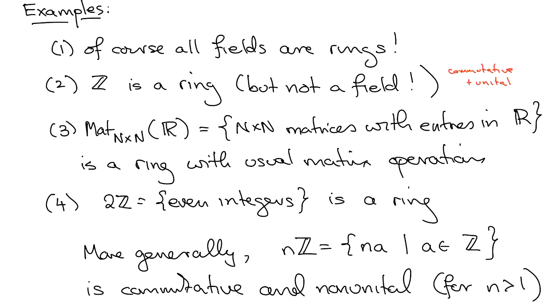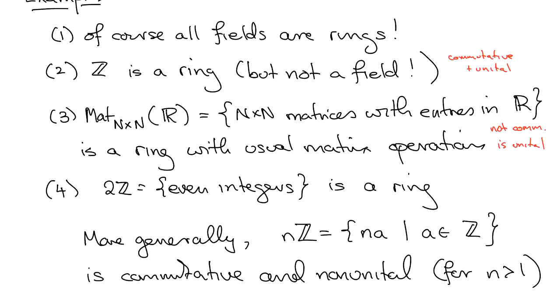N by n matrices with entries in, in fact, any field, but let's say in the real numbers. This is a ring with the usual matrix operations. This is not commutative, but it is unital. The identity matrix is in there.